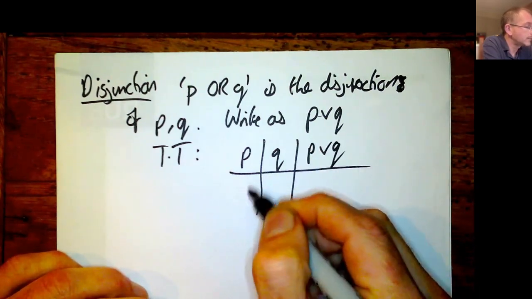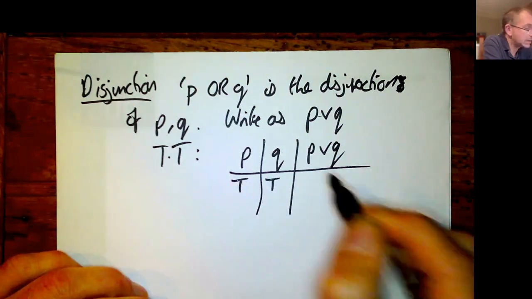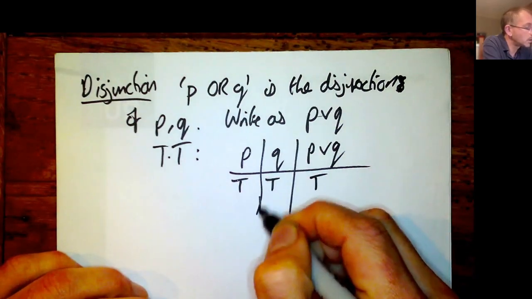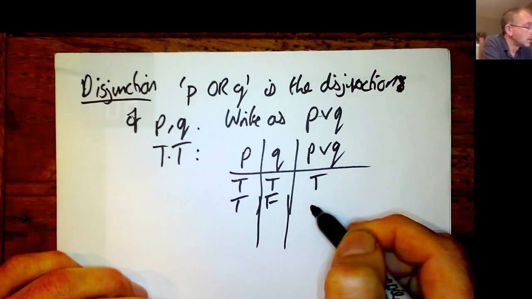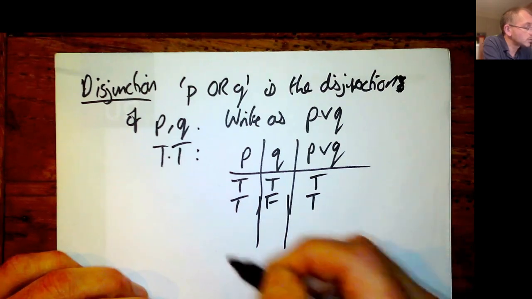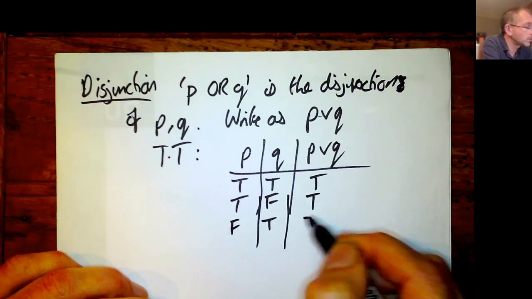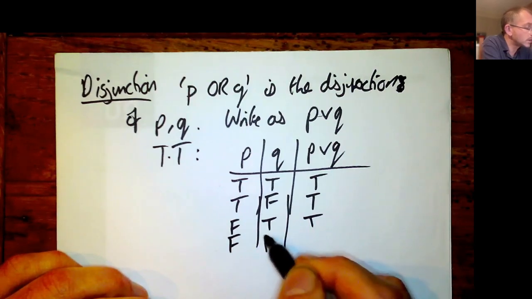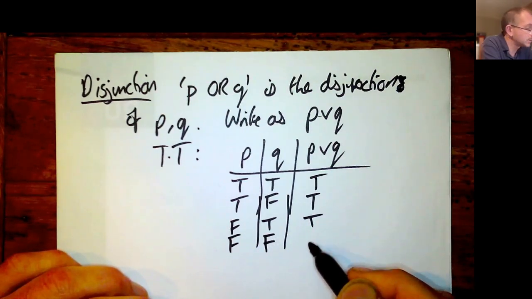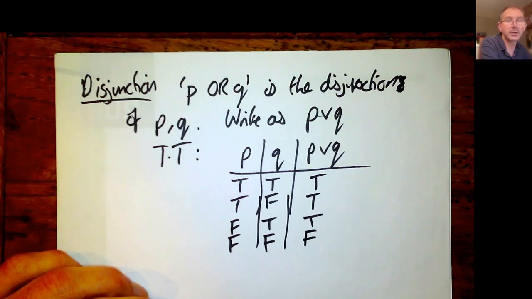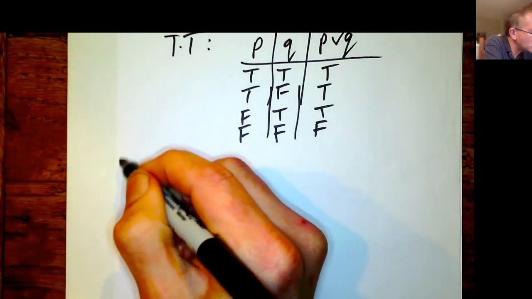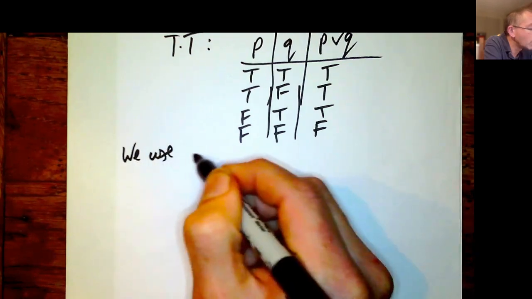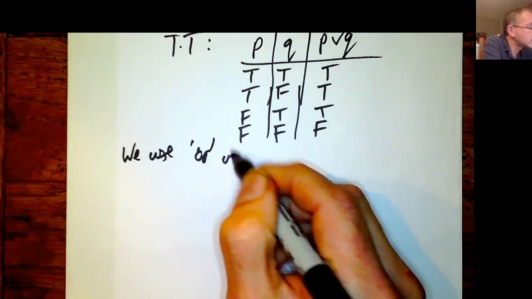So if P is true and Q is true, then that's fine. It's true that P or Q is true. If at least one of them is true, it's still true. The only time it is false is when you have both of them being false. So that's the only time that the or is false. And I'll just say that we use or inclusively.